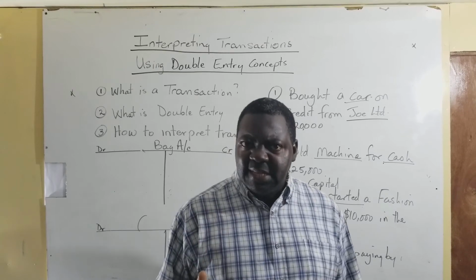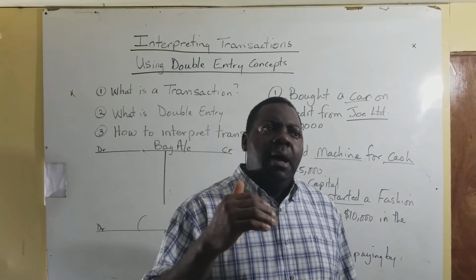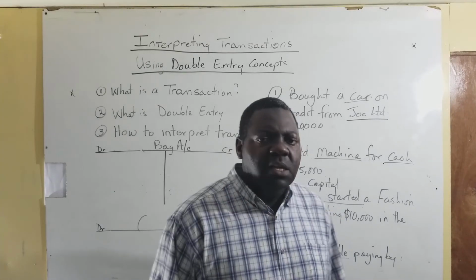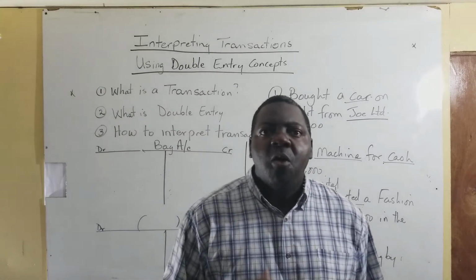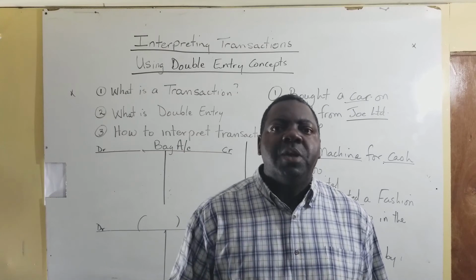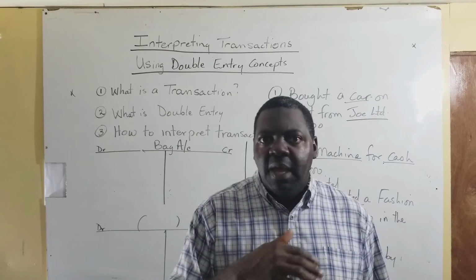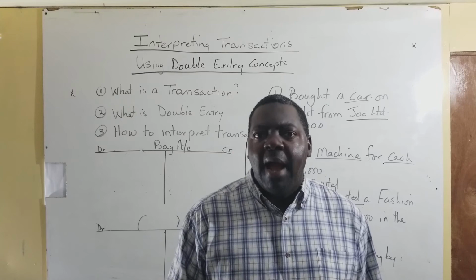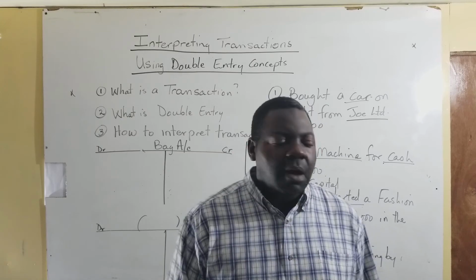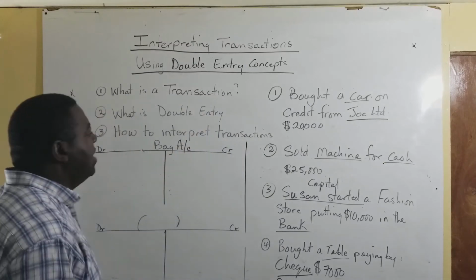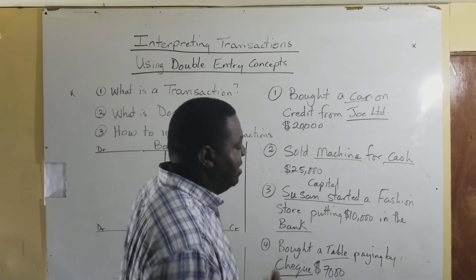We indicated earlier as well that an account is really a record we're keeping to keep track of any item or activity within a particular item. Now, to interpret the transaction.